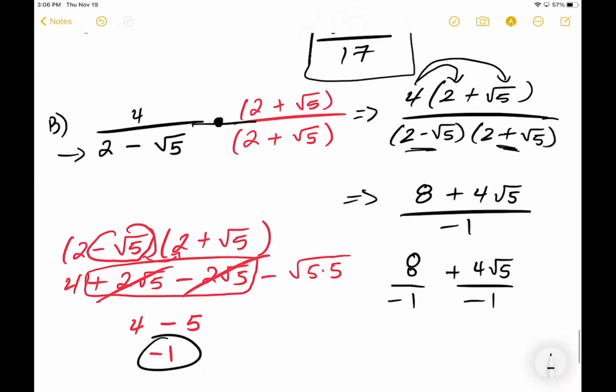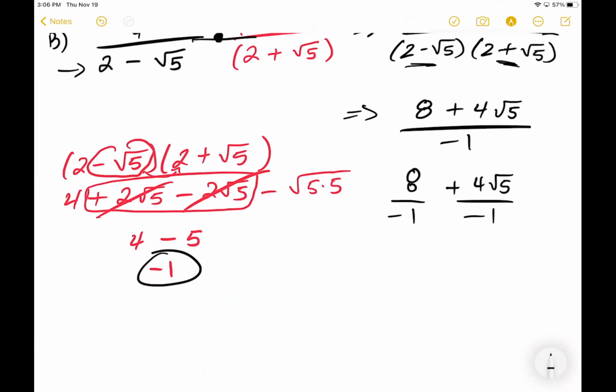Technically, you divide it by -1, and that's why 8 divided by -1 gives you -8, and 4 square root of 5 divided by -1 gives you a negative. So that's why our answer is -8 minus 4 square root of 5.